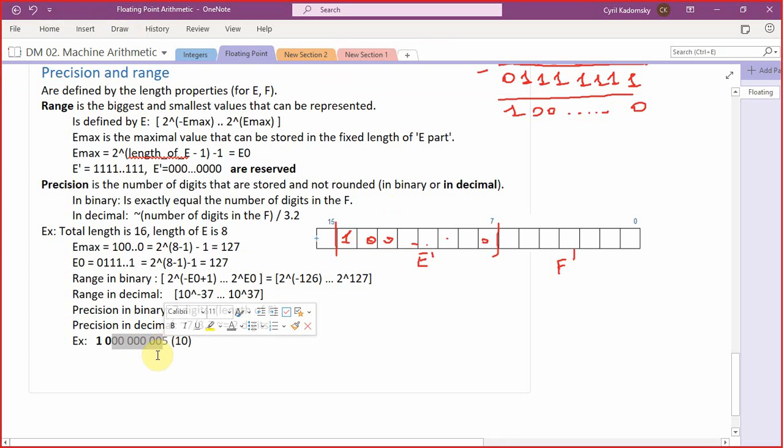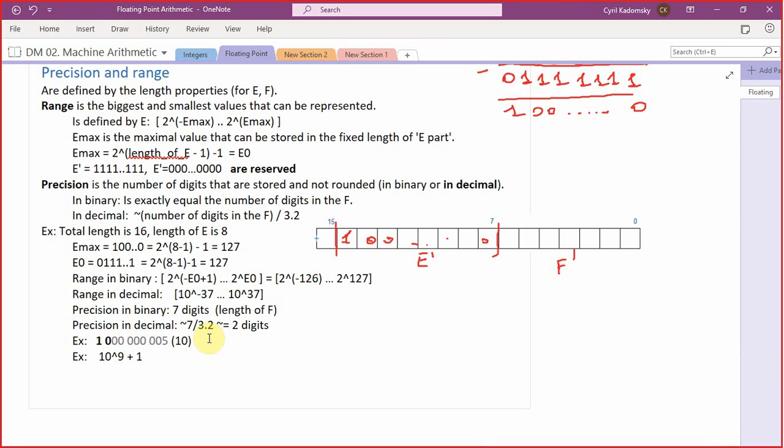It is a very common situation when we have, for example, a huge number like a billion, we add 1 to this number, and quite often we obtain exactly the same as before. 10 to the power 9.